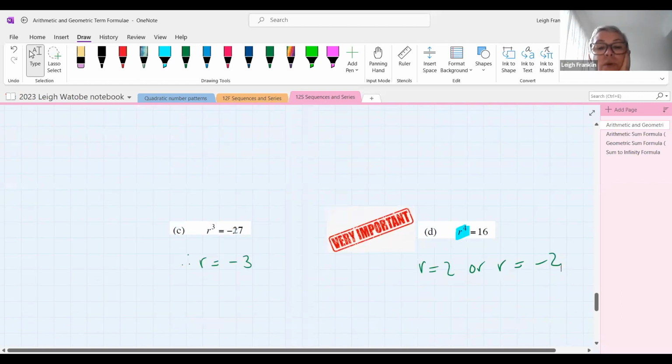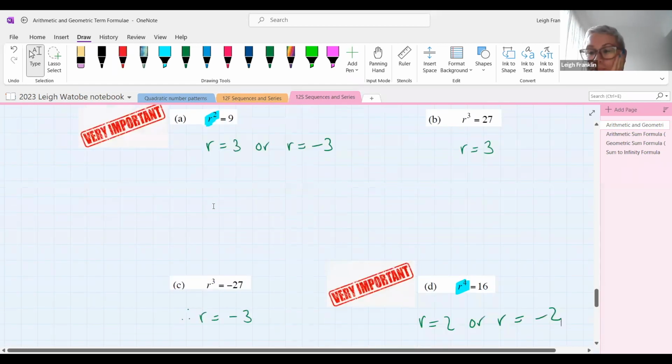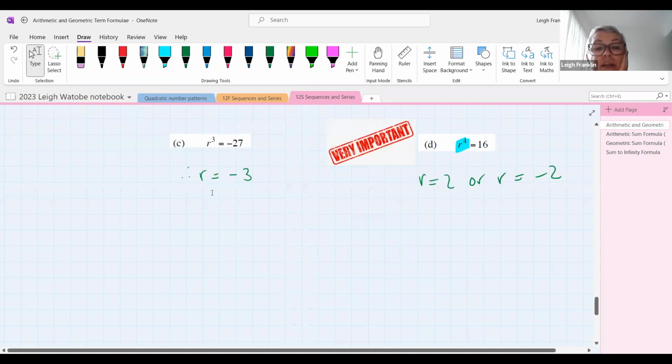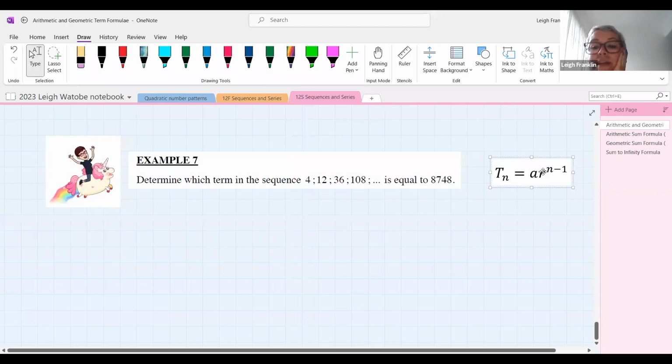These sorts of questions come from grade 8, grade 9. We just have to make sure that we can still do this work when we get to matric, because we're going to apply it in the questions we're going to do. Now let's have a look at this one. All of this was leading up to this. This is a geometric sequence, and they want us to work backwards to n.